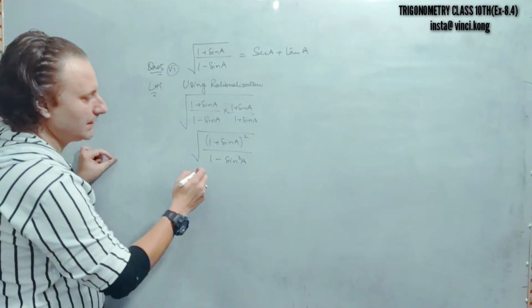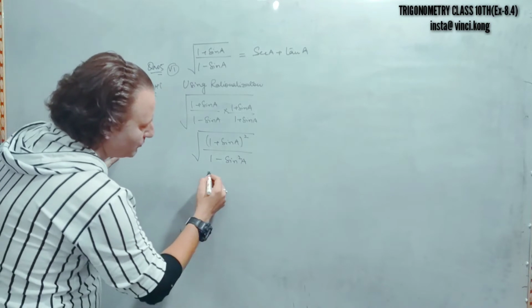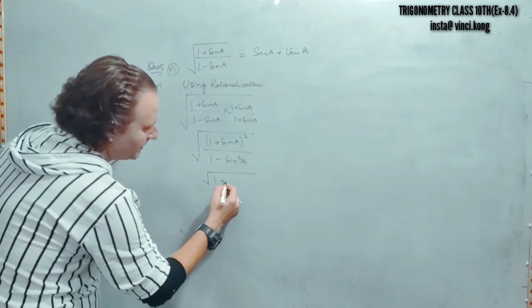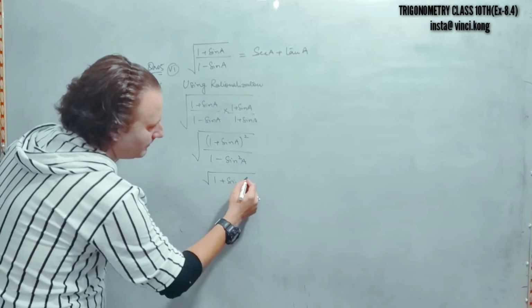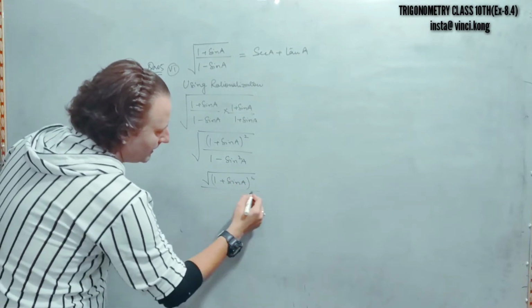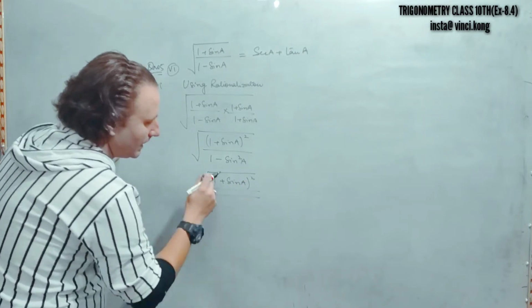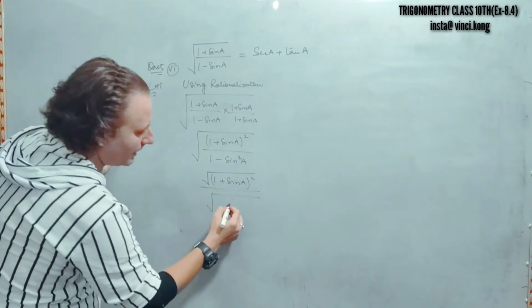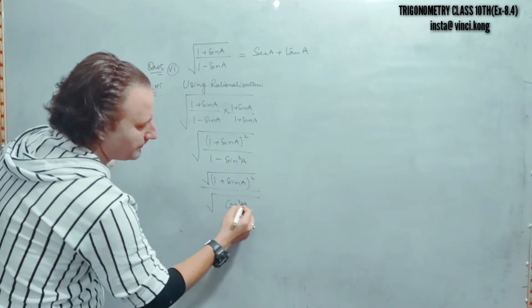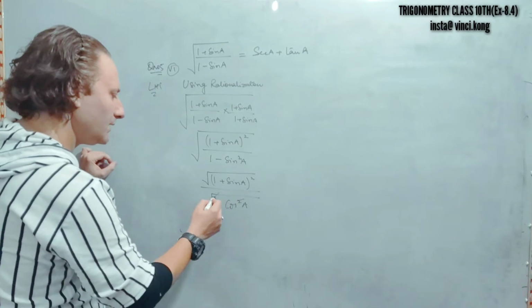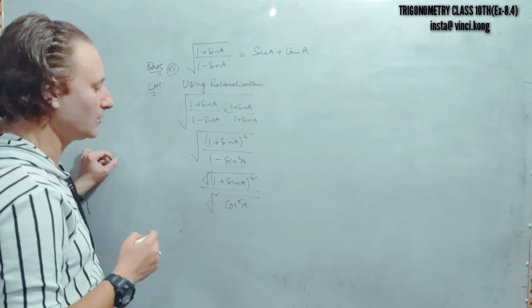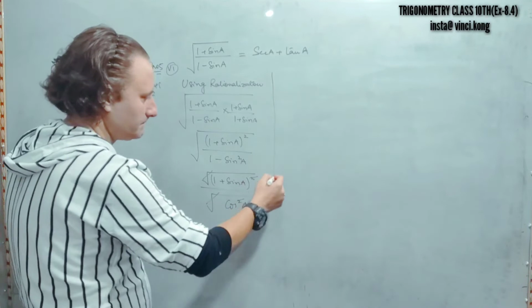Cool, guys? Now, let me take this root to the numerator first, and then give it to the denominator as well. I know 1 minus sine square A is cos square A. Right, guys? Square and root gone, square and root gone. Now what do I have?